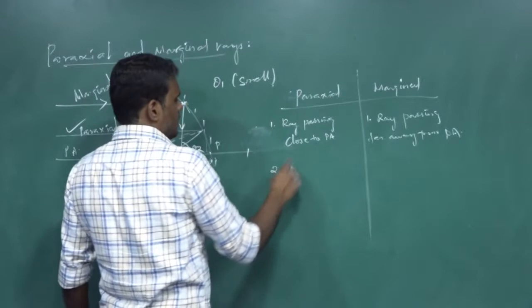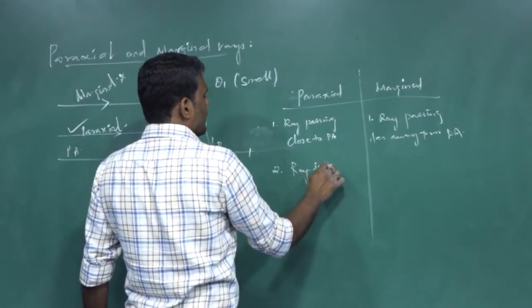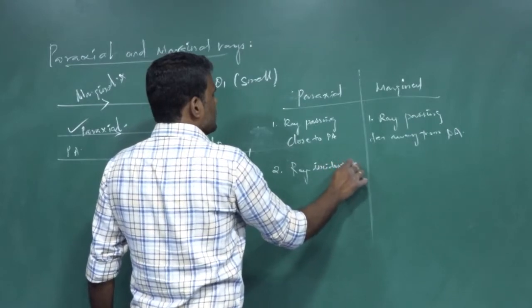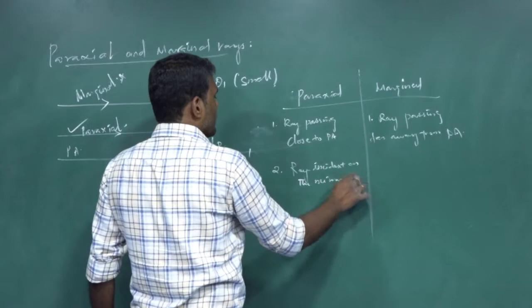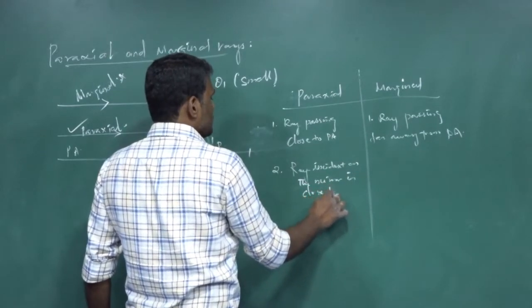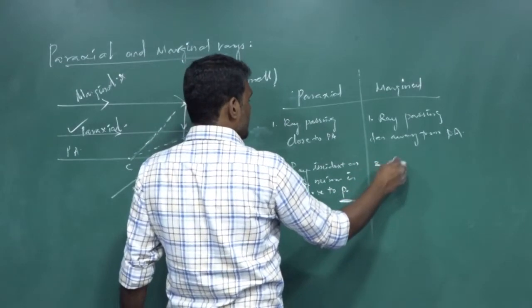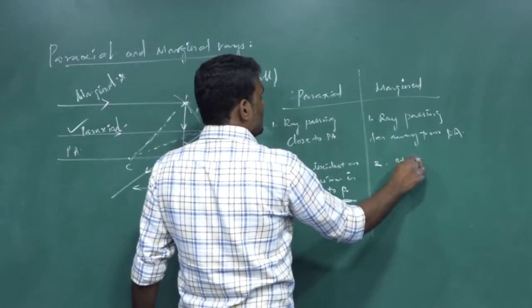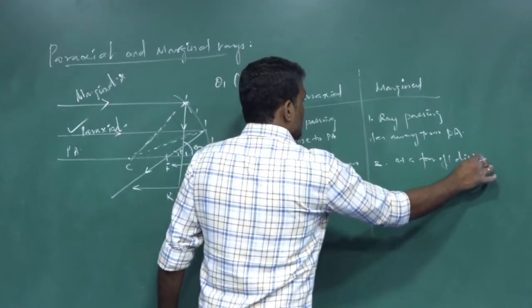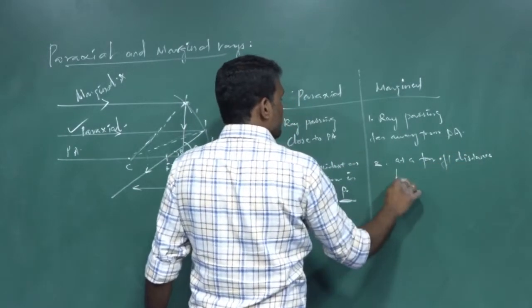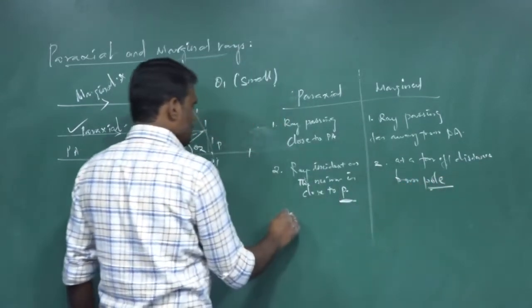Second, the paraxial ray incident on the mirror is close to the pole of the mirror. Here, it is at a far off distance from the pole.